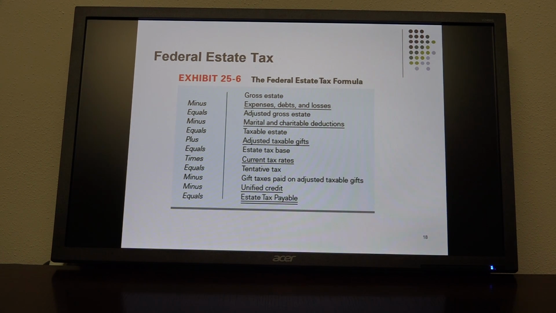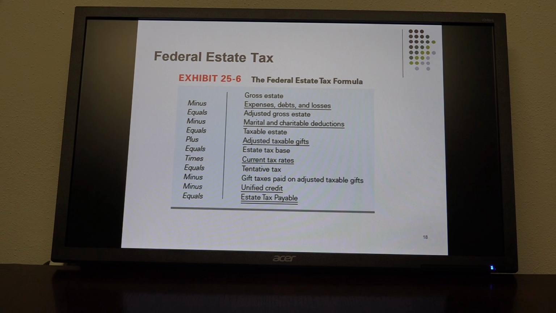That equals the adjusted gross estate. From the adjusted gross estate, you subtract marital and charitable deductions, and that equals the decedent's taxable estate.